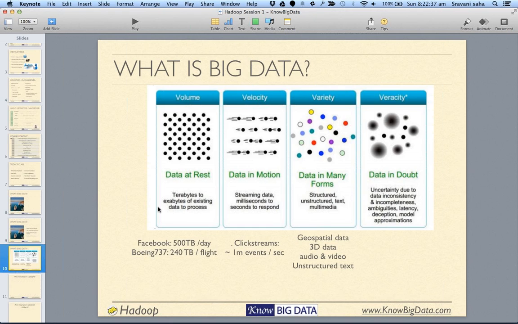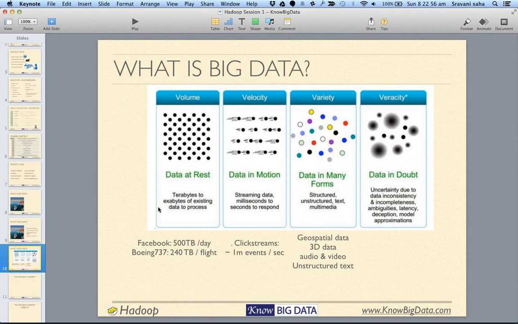The data in doubt. A lot of times, you end up having a lot of data because you are unsure whether this data is useful or useless.